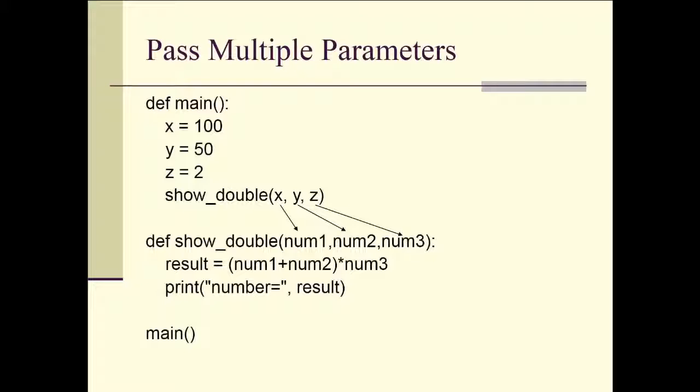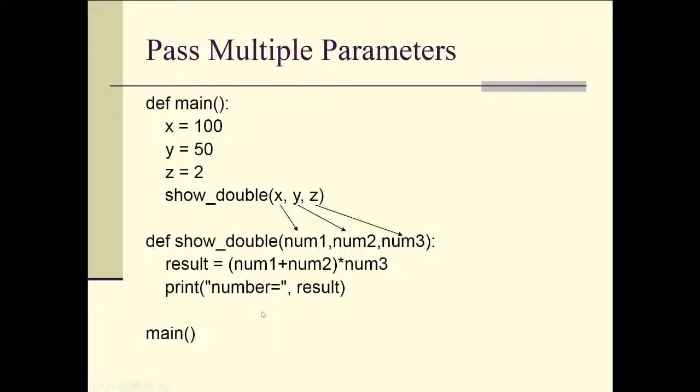Now, if you'll notice that the x is then going to send that value of x to the first variable or parameter of show double. The y is then going to send it to the second one, and the z is going to go to the third one. They will always stay consistent. First one to first one, second one to second one, etc.